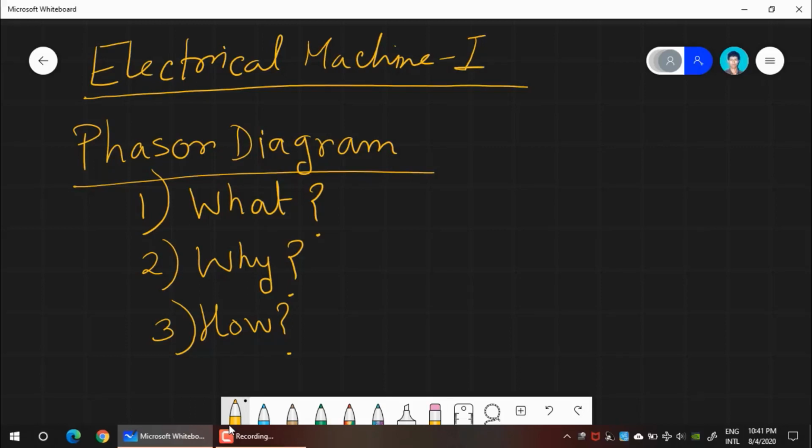Like if I tell you what this keyword, phasor diagram, means, before learning you should try to know the definition of the phasor diagram and also how to draw the phasor diagram.